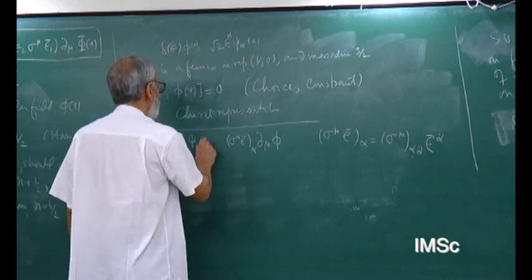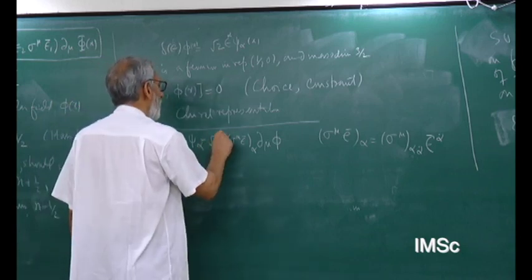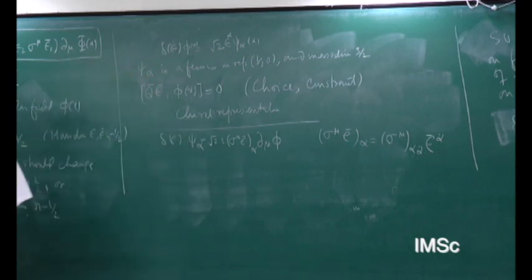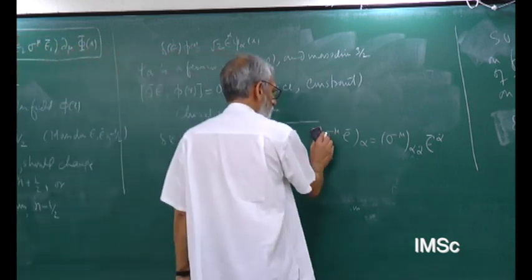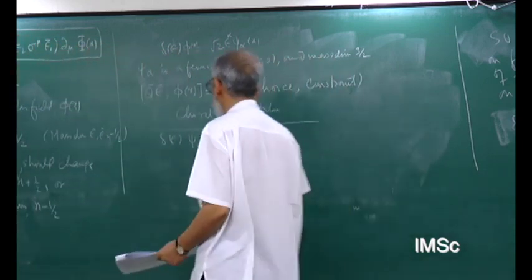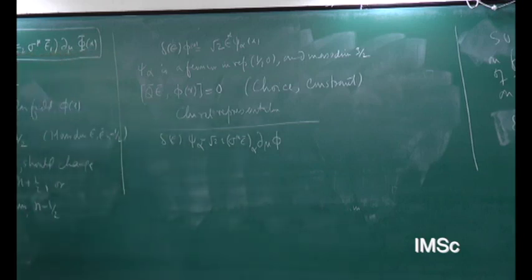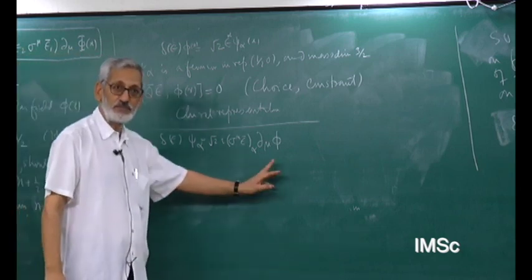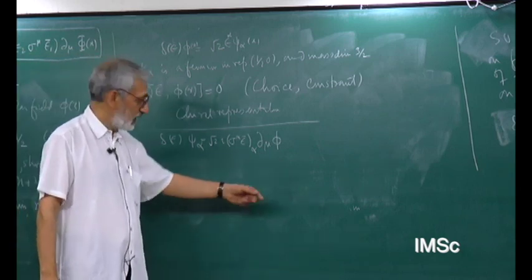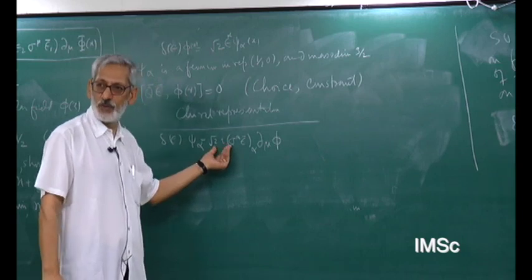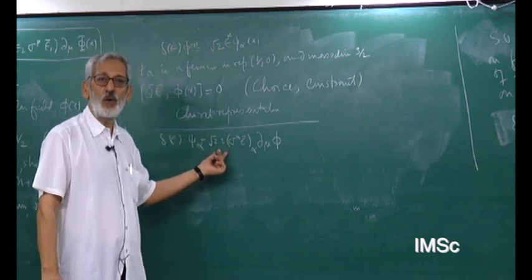And you put in a factor of 2 and an i here. Is that clear? Just on dimensional grounds, this is the choice I have. And these factors are just put in for convenience. I'll tell you how to fix this.